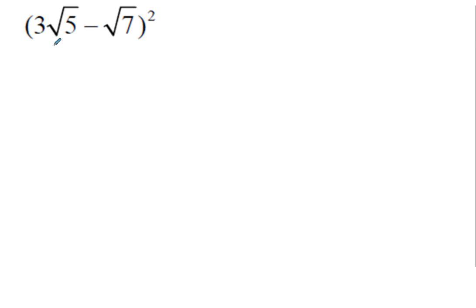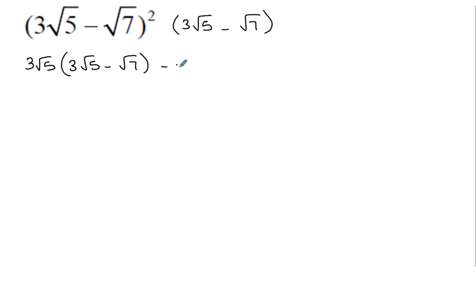That squared just means it's that multiplied by itself, so we'll just put it there. And life's just full of surds right now. So let's expand it my way. We're going 3 surd 5 times the whole thing, 3 surd 5 minus surd 7, minus surd 7 times 3 surd 5 minus surd 7.